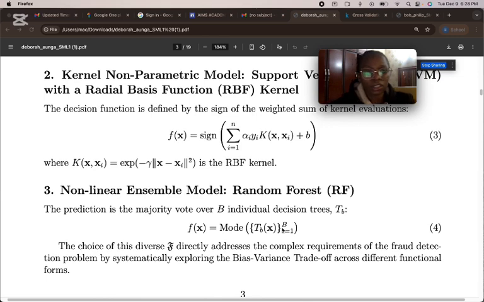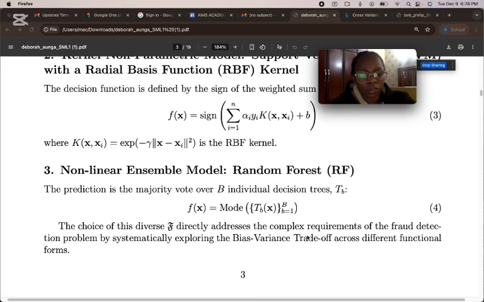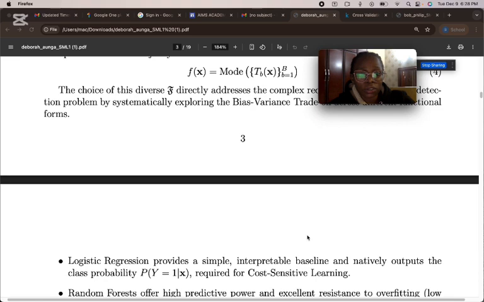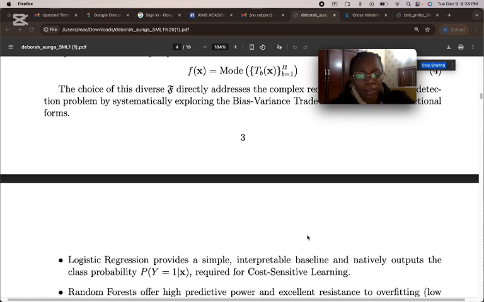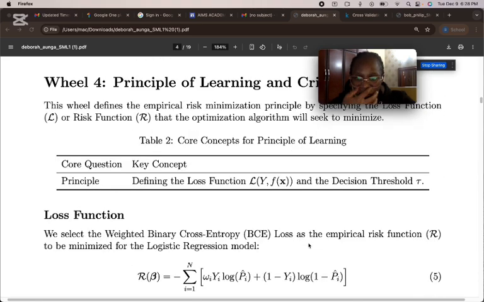The most critical step was wheel 4, the learning principle. To enforce our economic goal, we used cost-sensitive learning. I calculated the class weights and applied them to every fraud case. This forces the model to minimize the weighted binary cross entropy.